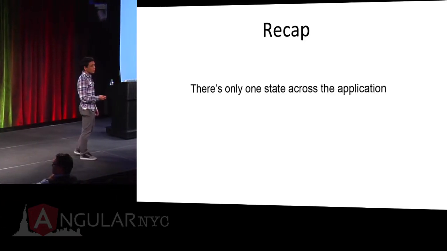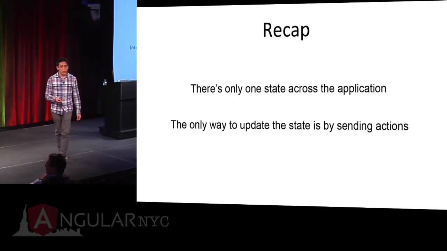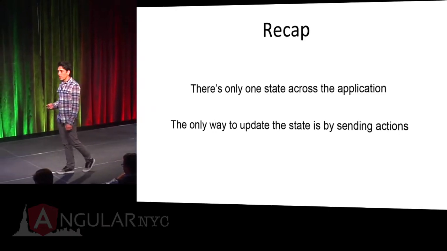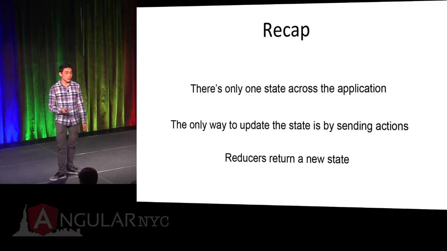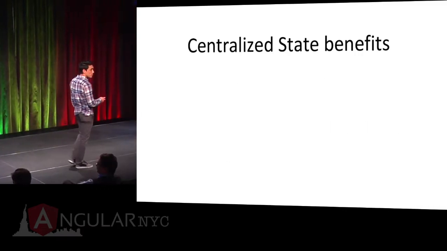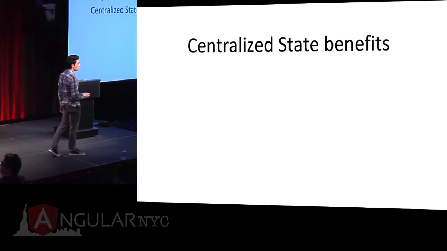So just as a recap, we have one centralized state across the application. The only way to update that state is by sending actions to our store. And reducers must return a new state every time they run. So what are the benefits of having centralized state?